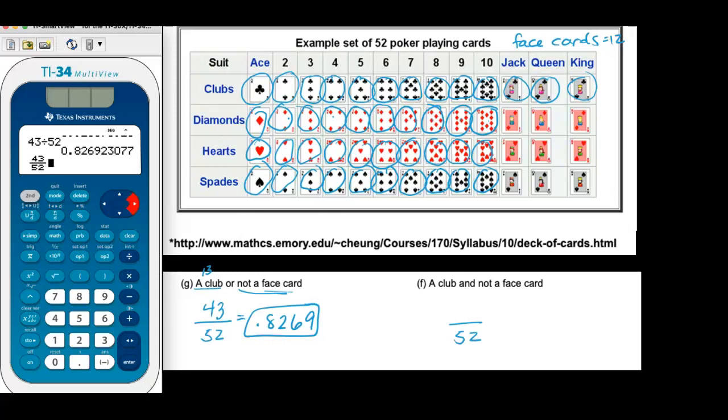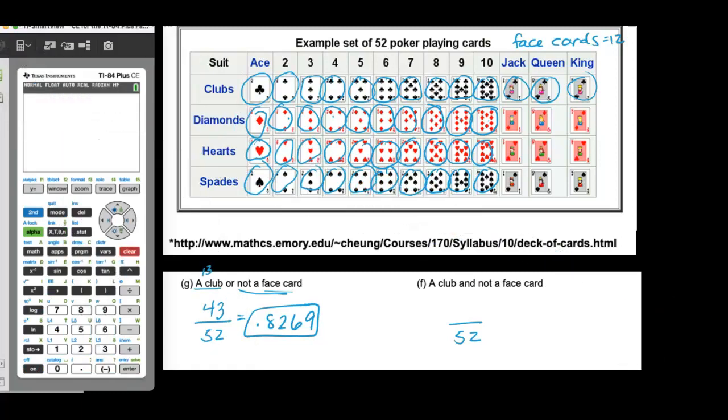And when you hit the simplify button, you get 43 over 52 again. We can also do that on the graphing calculator. You divide 43 by 52, then hit math, enter, enter, and notice you get the same fraction that you started with. That tells you there isn't a reduced version of that fraction.